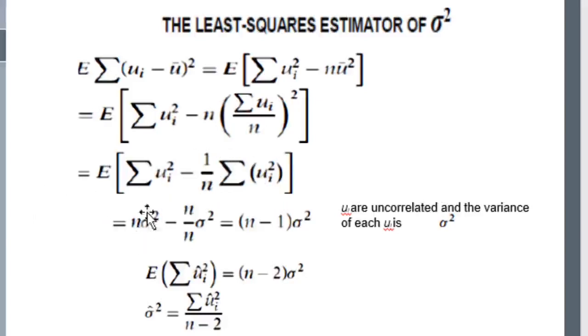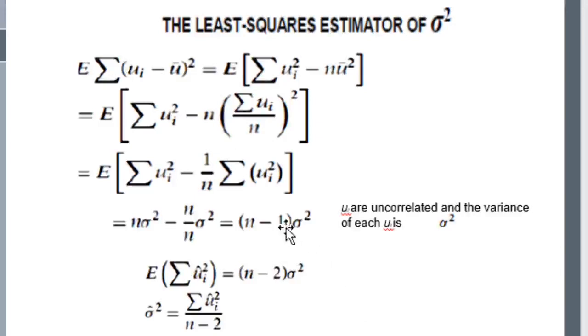The expected value of ui square is sigma square, that we already know. Then it equals n sigma square minus n into 1 by n into sigma ui square, and here also the expected value of ui square equals sigma square. That is n by n sigma square, where n by n is 1, so this can be written as (n minus 1) into sigma square. This is the expected value of sigma (ui minus u bar) the whole square, which can be written as (n minus 1) sigma square.